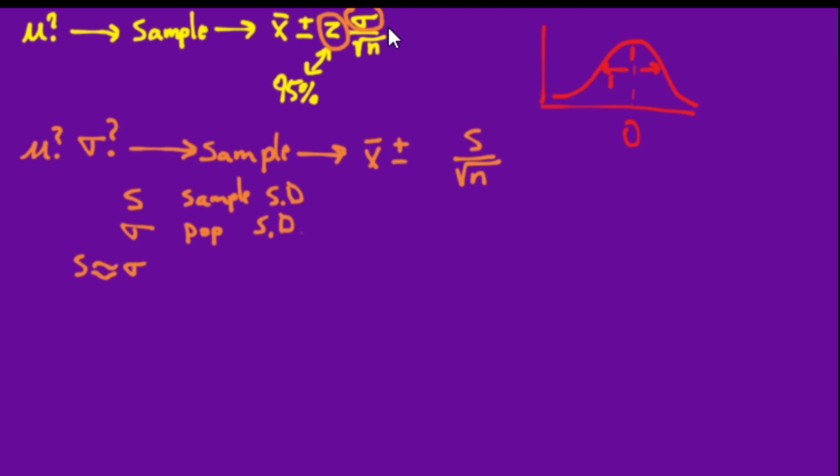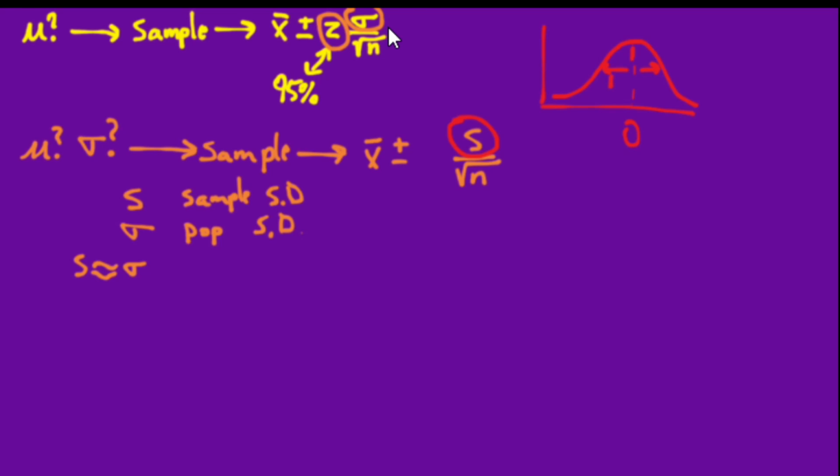So we're running into some issues with using that directly. But we also want to take note of this s that we've used here. It's a good estimate of sigma, but it's not exact. Just like x bar is not exactly equal to mu. Our sample mean is not going to be the population mean. We're going to have some sampling error, and that's why we're building this confidence interval.